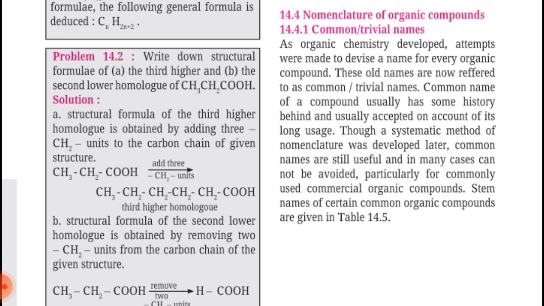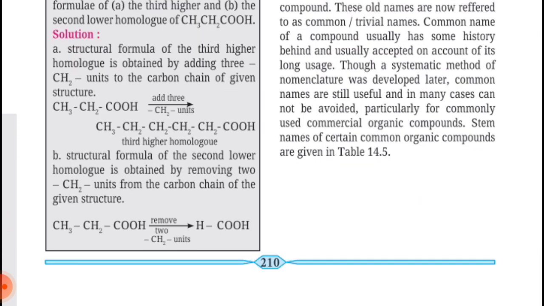CH3CH2CHO, add 3 CH2 units: CH3CH2CH2CH2CH2CHO, third higher homologue. B, the structural formula of the second lower homologue, is obtained by removing 2 CH2 units from the carbon chain of the given structure. CH3CH2CHO, remove 2 CH2 units: HCHO.